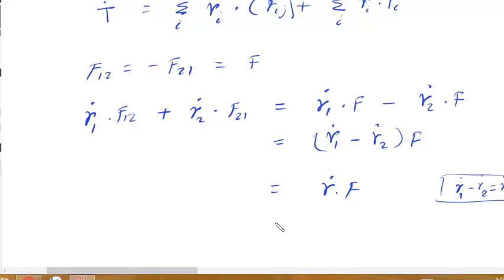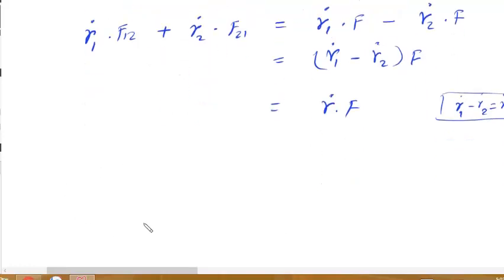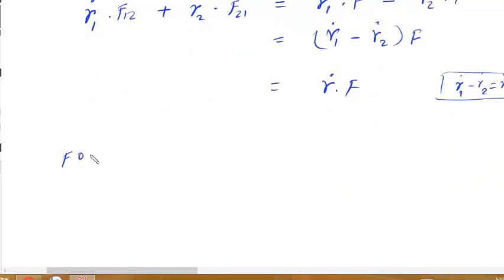For example, if r dot is equal to 0, the change in the position is equal to 0, or we can say that the force is always perpendicular to r dot. Okay, this is a special case.